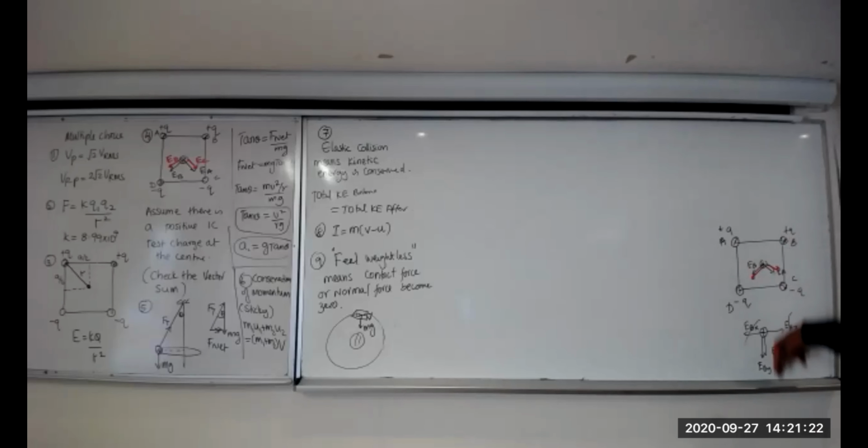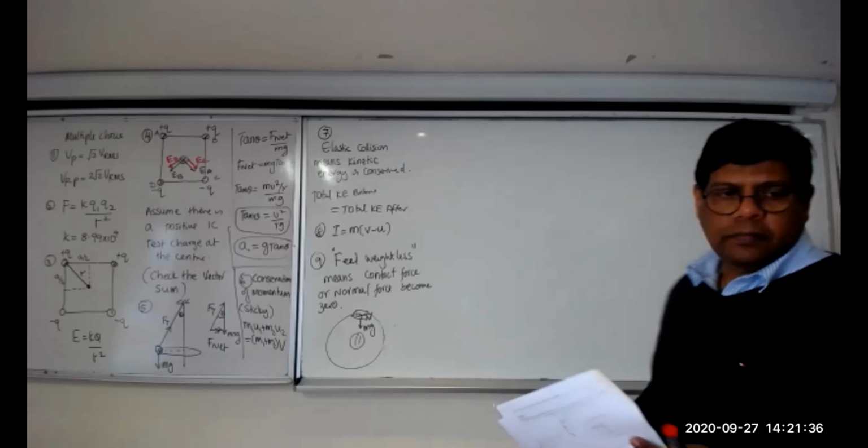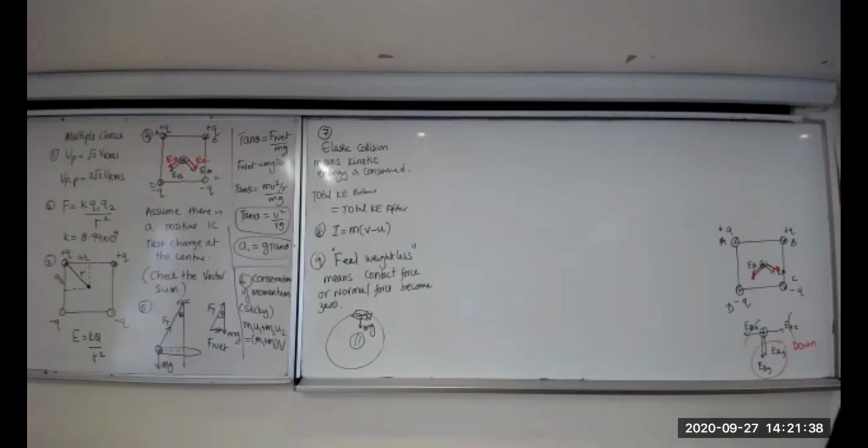That means all the forces are acting downward. As a result, your electric field strength will be downward. The horizontal ones are going to cancel each other. Does that make sense? You need to look at the vectors: positive, positive going to repel that way, positive, positive going to repel that way.